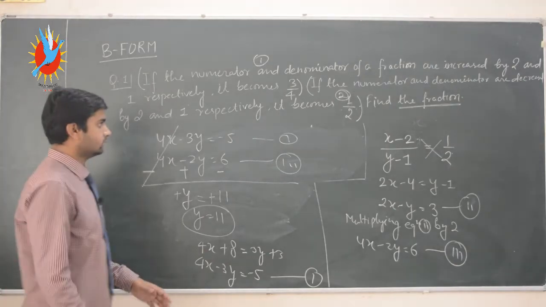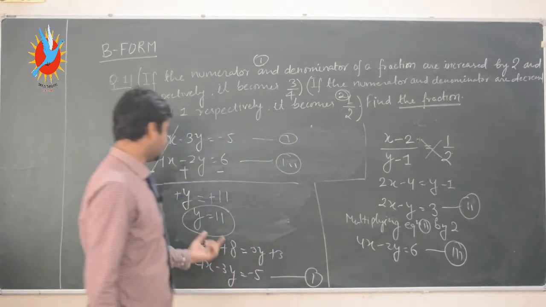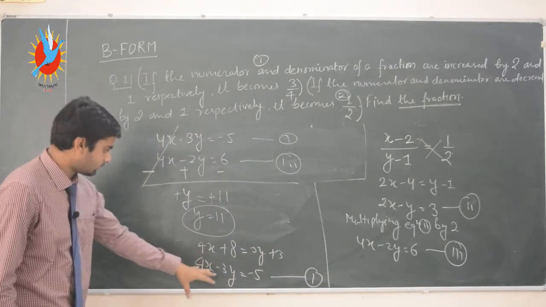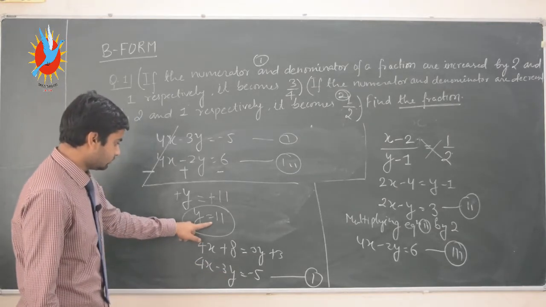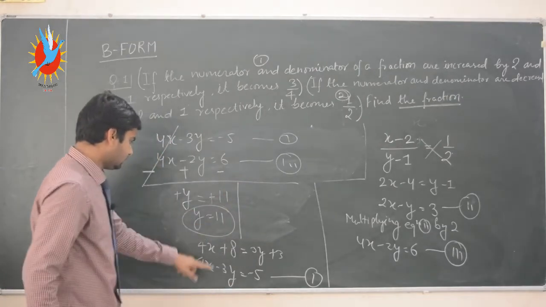Now, if the question asks for the fraction, we cannot tell the fraction by calculating only y. We have to calculate the numerator, that is x. So put y equal to 11 in equation 1.